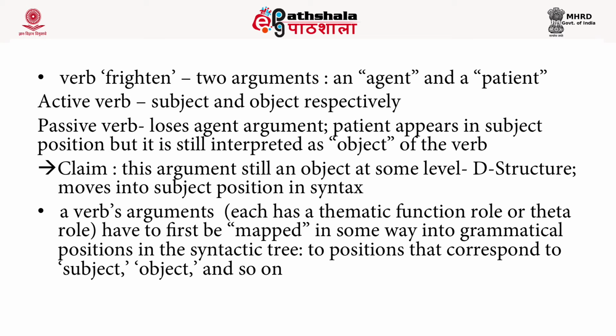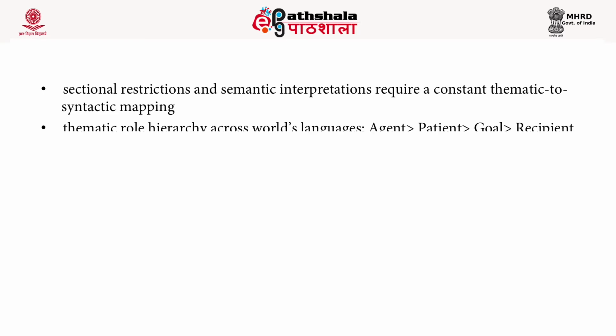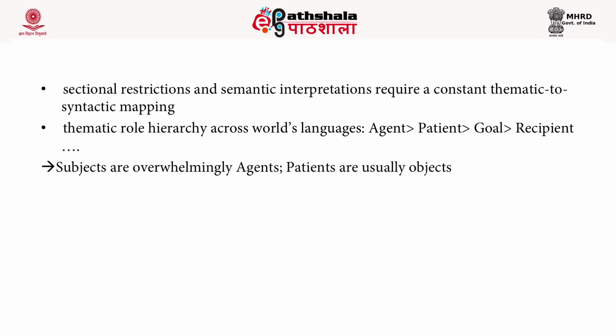A verb's arguments, each of which has a thematic function or a theta role associated with it, have to first be mapped in some way into a grammatical position in the syntactic tree. To that position, we correspond the labels subject, object, and so on. Selectional restrictions and semantic interpretations require a constant thematic to syntactic mapping.